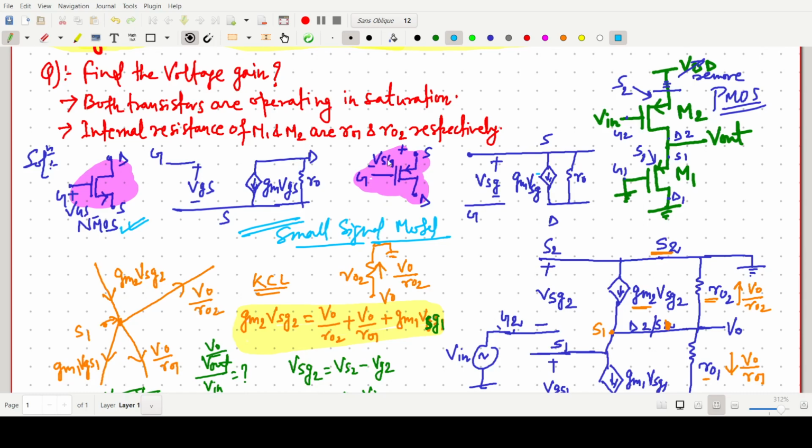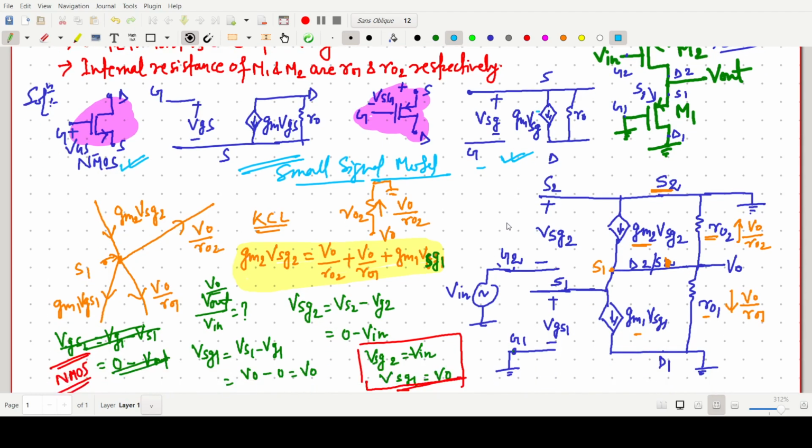But in the case of PMOS we have to make the source positive, and the gate should be negative. So that's why plus minus VSG and write GMVSG. Remember in that manner, but in actual practice both the NMOS and PMOS have the same equivalent small signal model, but try to think in that manner, and go step by step.